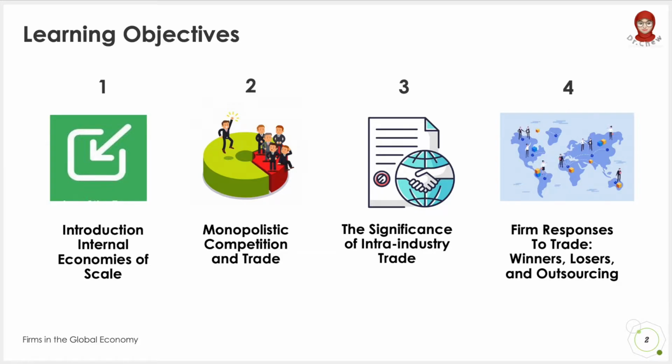Third, understand how internal economies of scale and product differentiation lead to international trade and intra-industry trade. Last, describe how economic integration can lead to both winners and losers among firms in the same industry and understand the motivation for foreign direct investment across economies.